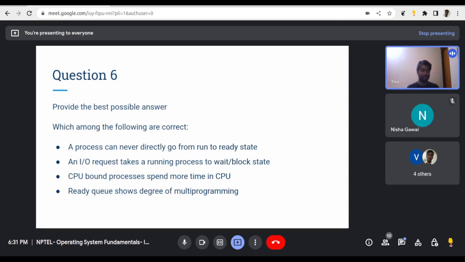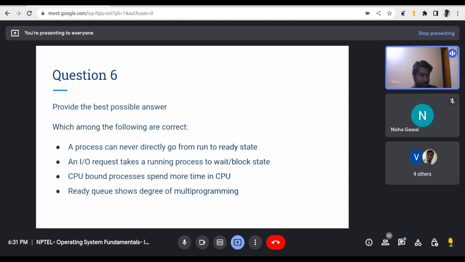So you know the difference between CPU and IO bound processes, right? In the case of CPU bound processes, they spend more time using the CPU, doing processing tasks. And IO bound processes spend more time doing input output operations.